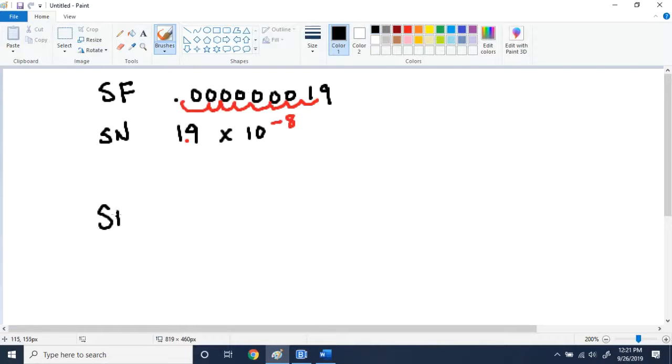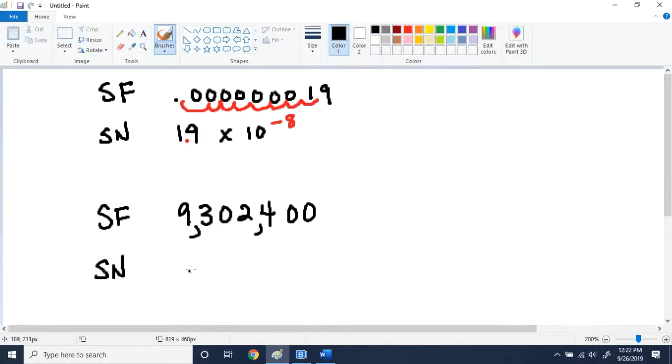Our last example, standard form. Okay, we're going to write out all the positive integers, and when you have a 0 included with those positive integers, you go ahead and write that out too.